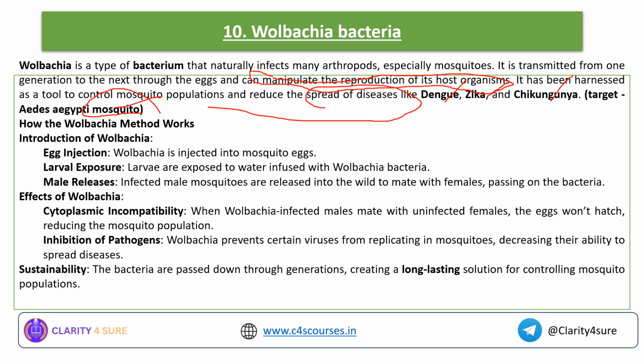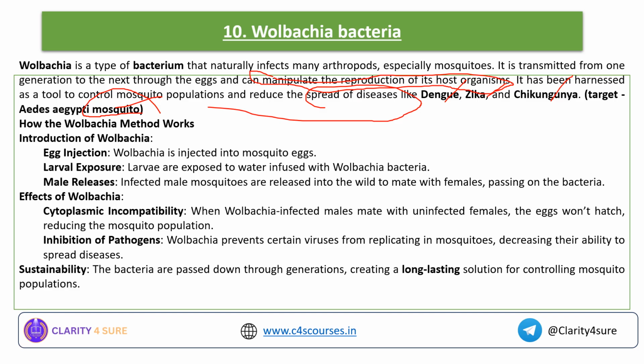It means it will reduce the mosquito population because there will be no more reproduction happening. This also leads to inhibition of pathogens, so it will also decrease their ability to spread the disease.